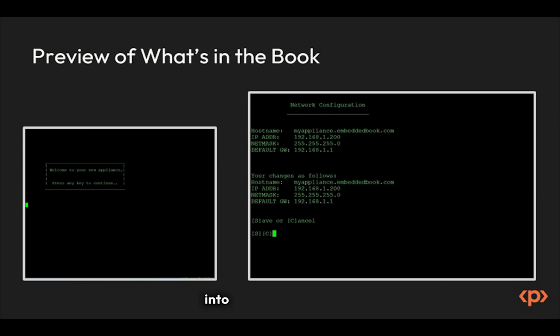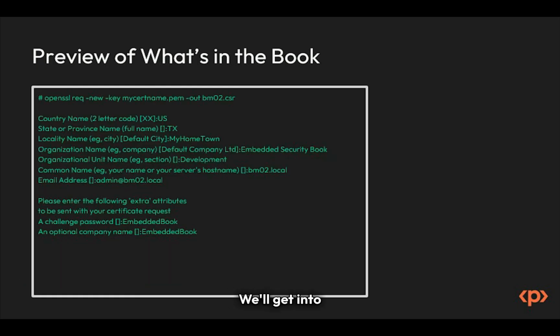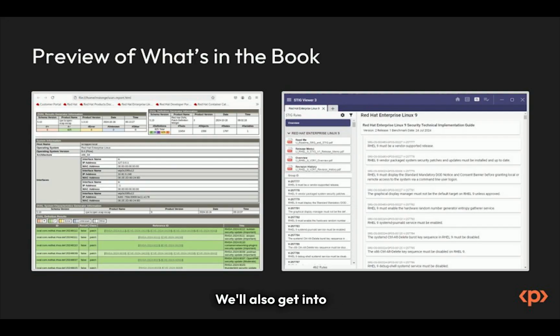We'll then get into child-proofing and all kinds of other things to make your appliance rock solid and not just protected from the outside world, but protected from possible accidental issues created by your end users themselves. We'll get into certificates, how to create your own, how to apply those to your web apps, to your repositories, etc. We'll also get into all of the government standards. We'll get into some of the tools that are available to you from not just the US, but other countries as well.